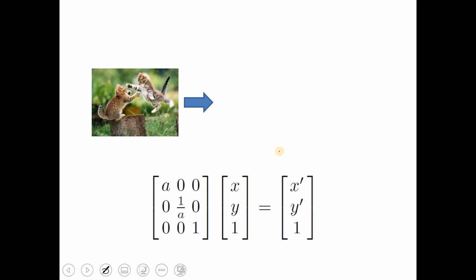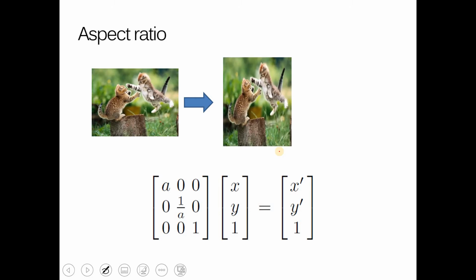If I have an image, I can skew or disturb its aspect ratio. If you have known this maybe in a multimedia course, aspect ratio means the ratio between the width and the height of the image. So we can disturb this aspect ratio also using the transformations. Now before it was a wider image, now it has more height and less width.